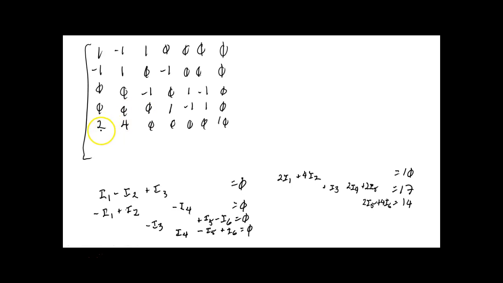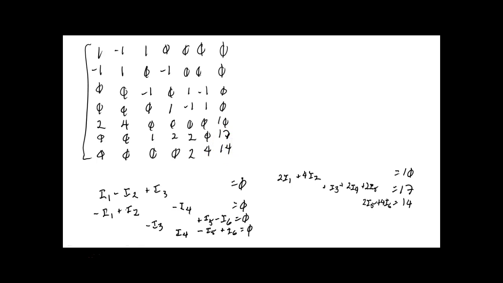Okay, next one. 0, 0, 1. I didn't put my plus sign in there, did I? Okay. 2, 2, 0, 17. And the last one. 0, 0, 0, 0, 2, 4, 14.